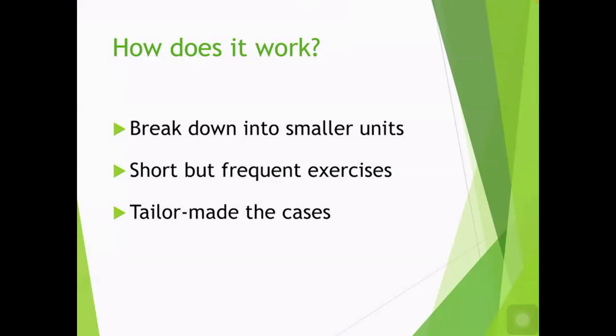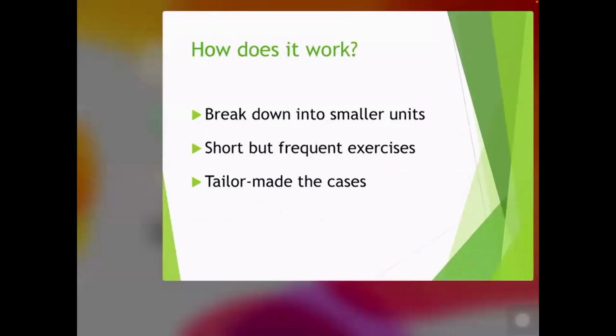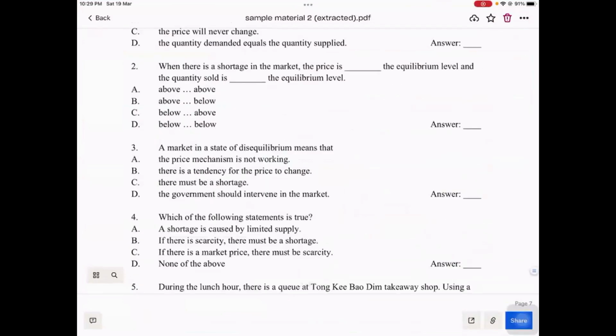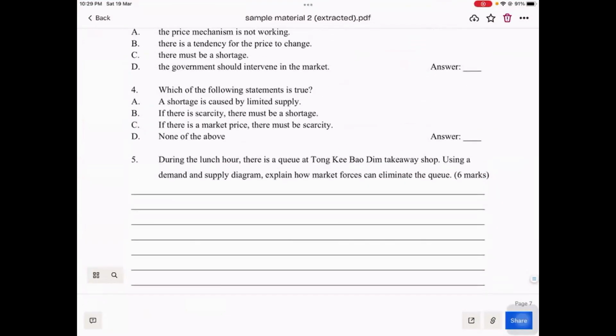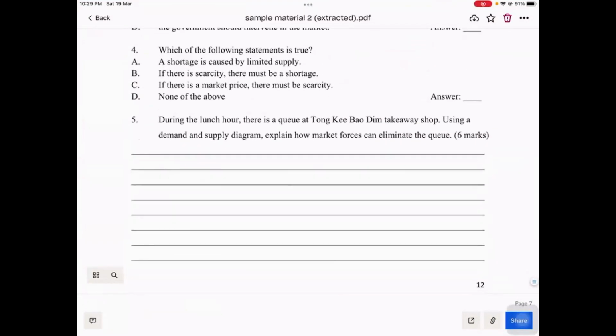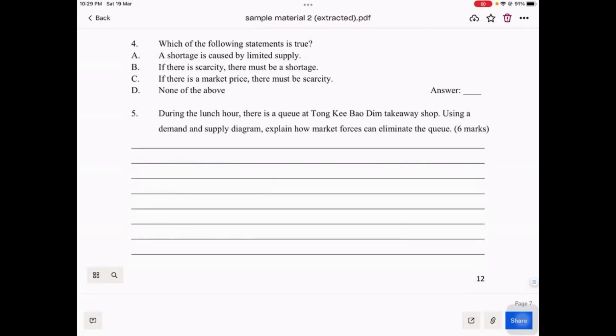If I finish the whole chapter of demand and supply and then give them exercises, they will find it difficult to digest. And also, if you pay attention to the cases that we use, the traditional economics textbooks are usually based on British economics textbooks. This whole subject came from the British people. And sometimes the cases used in traditional textbooks are difficult for students to understand, particularly in Hong Kong.